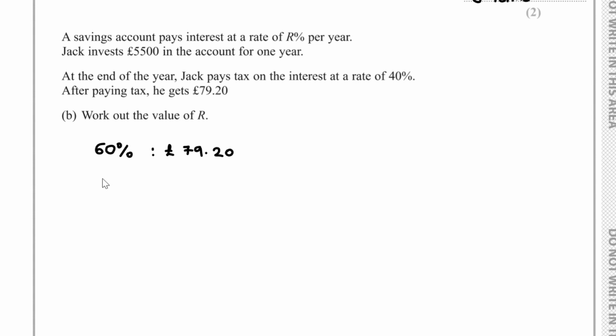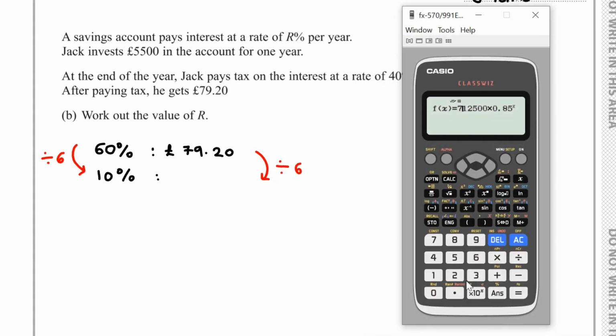So we can first of all find out what 10% is. Of course, here we would have to divide by 6. So if I divide through by 6, then 79.2 divided by 6, this is 13.2.